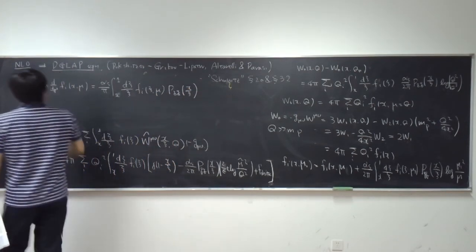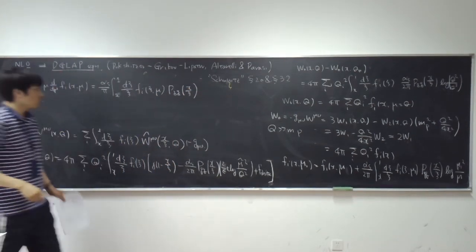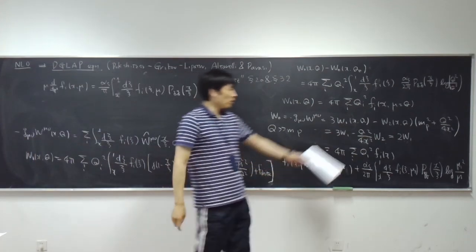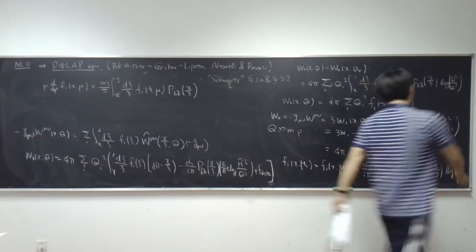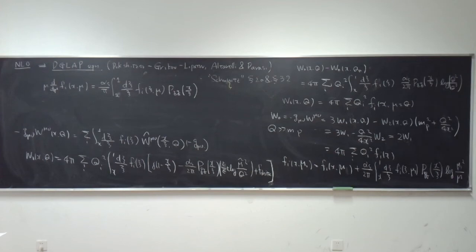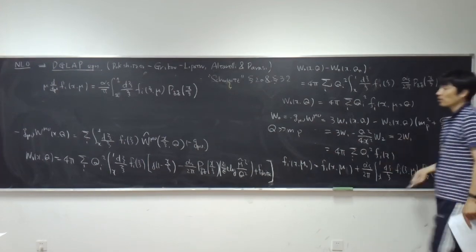So this is called the DGLAP equation. You just take a derivative with respect to log mu, you get rid of the log mu, and you get this part. Thank you.